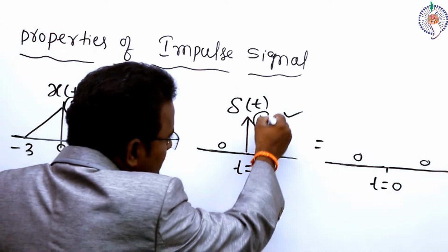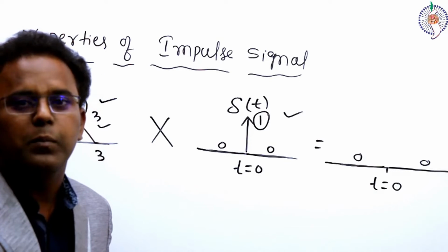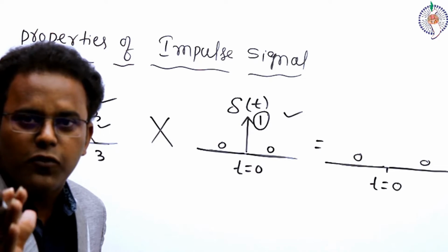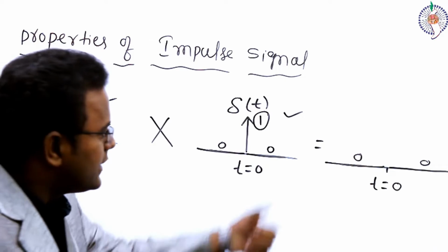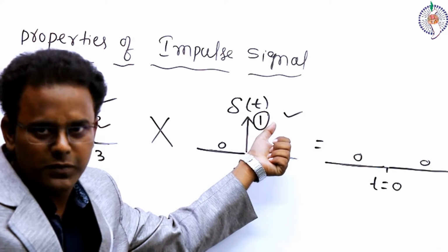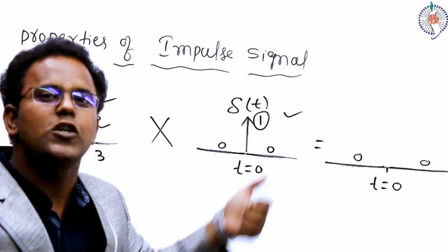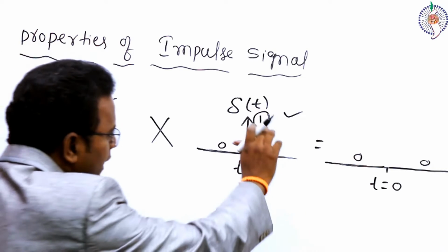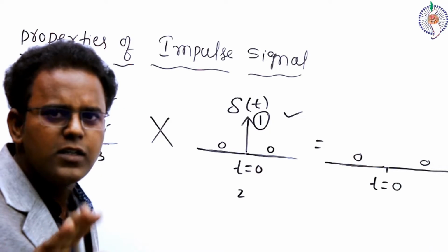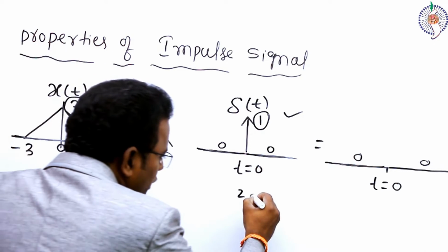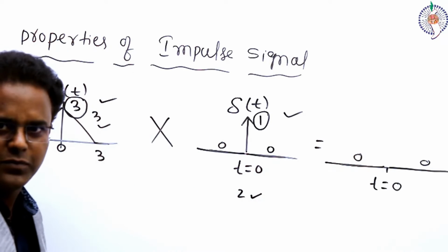Are you saying 1? I already told that is the area of the impulse. In terms of amplitude, it is not defined, students. Please observe. This 1 is not the amplitude. Suppose, for example, its amplitude is 2, 3 into 2, 6 you will get.